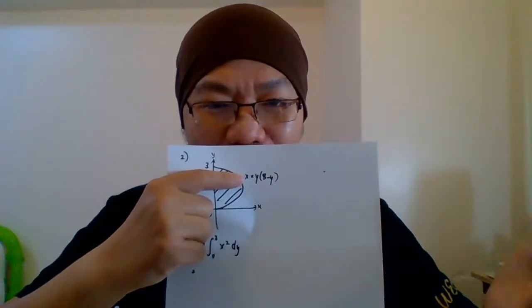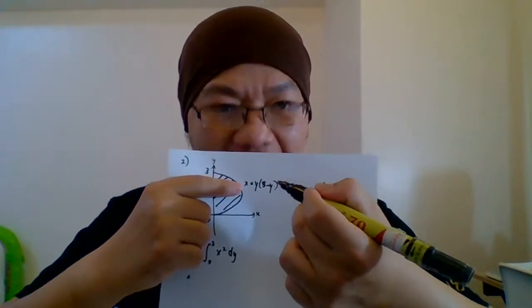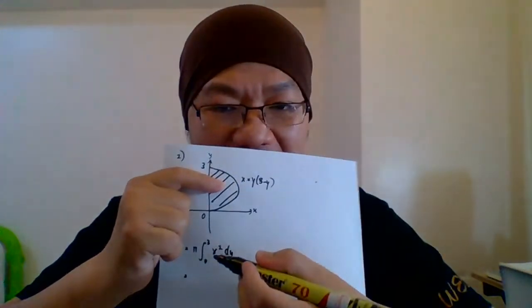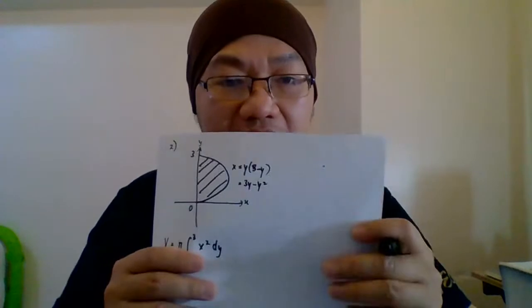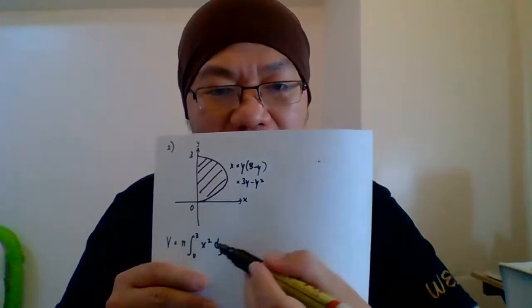So what we need to do is please expand the y and the bracket first, and then cut and paste, put it inside here. So if we expand this curve, it becomes 3y minus y squared, right? It's supposed to be 3y minus y squared. And then we cut and paste this, put it inside here. So you will get like this.